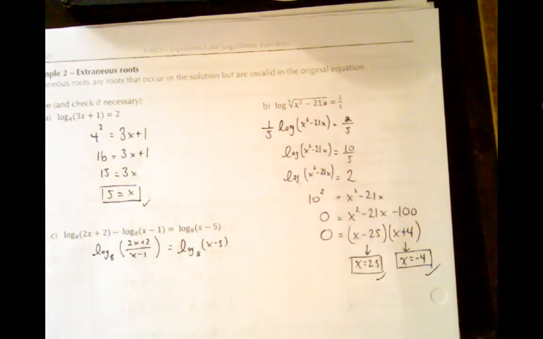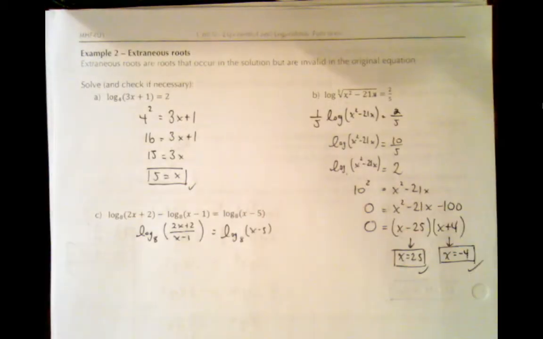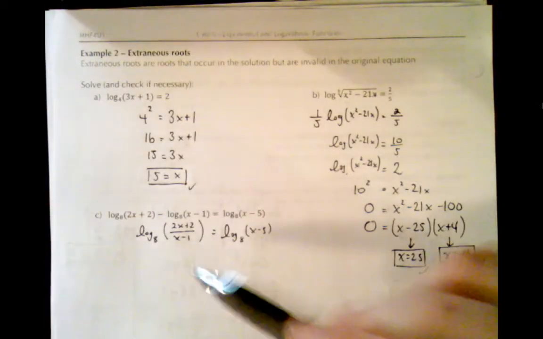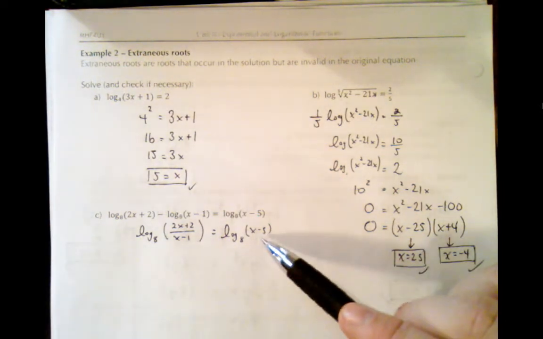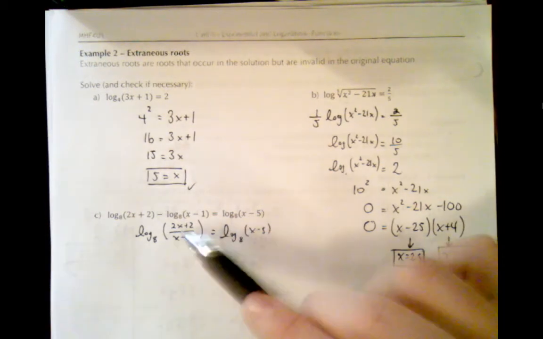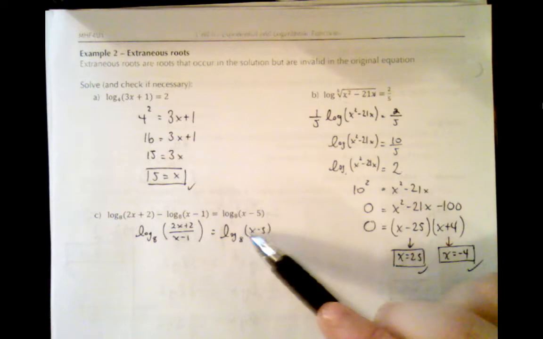When you have two terms on either side of an equal sign that have the same base, just like when you have powers with the same base, you can rewrite it as an equation of just the arguments. So we could rewrite this as 2x plus 2 over x minus 1 equal to x minus 5.